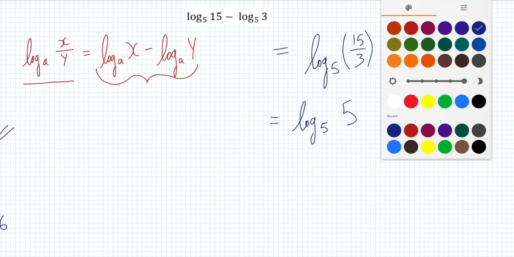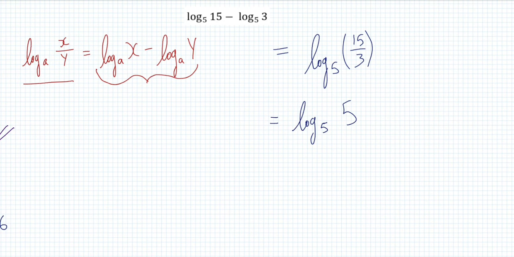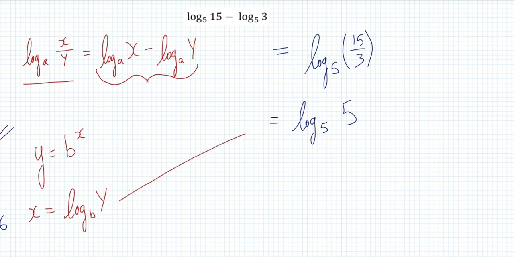Okay, now revisiting exponential versus logarithmic form. I'll write it again. y is equal to b to the x, that is the same as x equal to log base b of y. So that is what we have right now.